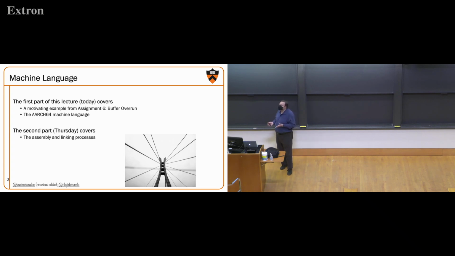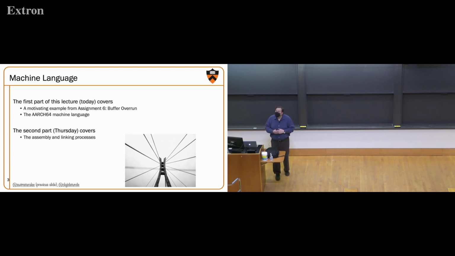This is not intended to be a complete exposition of the ARM version 8, ARM64 machine language. Despite the fact that it's one of the simpler machine languages out there, it still has a certain amount of complexity, and we want to expose you to just enough of that complexity for you to be able to do assignment 6.